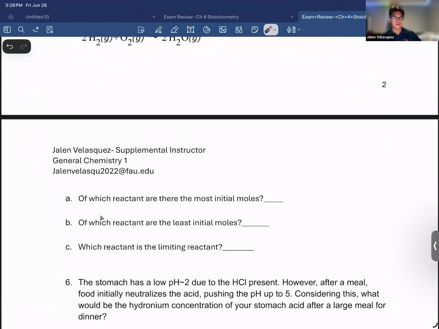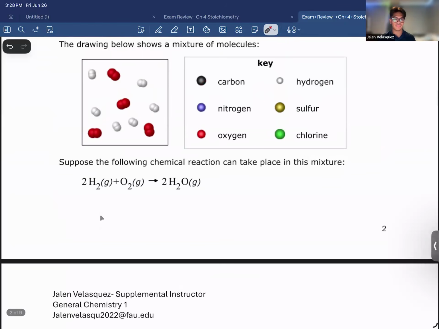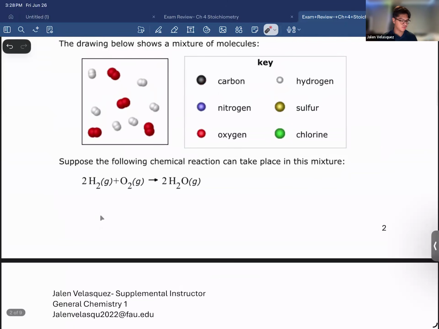A says of which reactant are there the most initial moles? B says of which reactant are there the least initial moles? And C says which reactant is the limiting reactant. So I'll give you a minute to look at this diagram, get some answers for those three, and then we'll go through them.